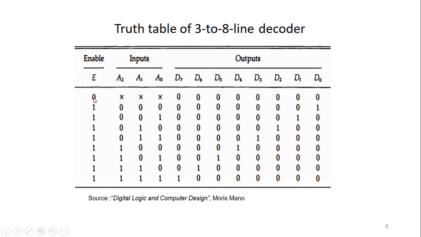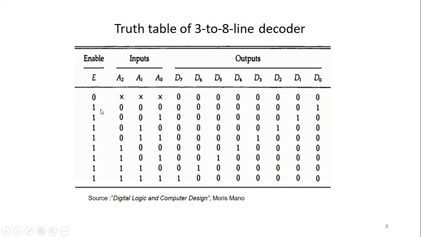When the enable is 0, whatever the input may be has no effect on the output. That is what is meant by this X. Whether it is 0 or 1, it doesn't affect the output if the enable signal is 0. If the enable is 1, only then will the input affect the output.